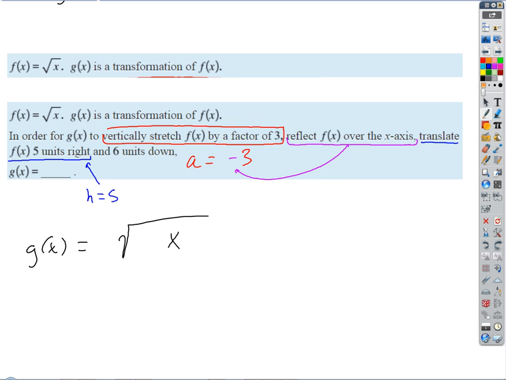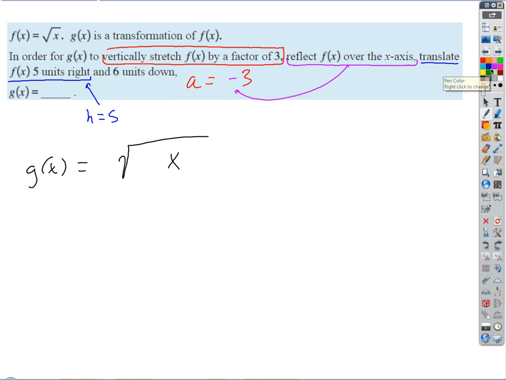And then the last one, 6 units down. What's that telling us? K is negative 6, good. So where does all that stuff go? The negative 3 goes where?